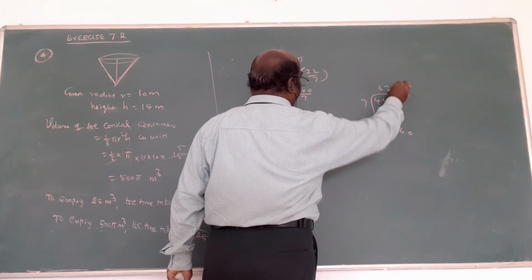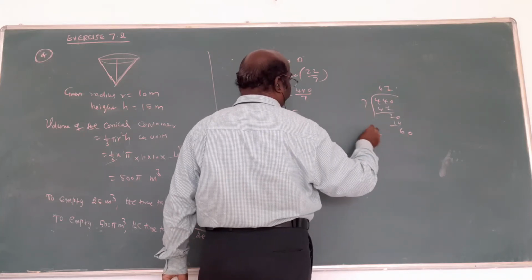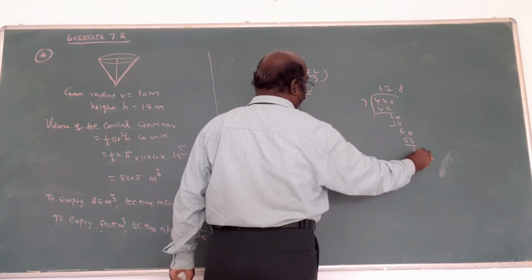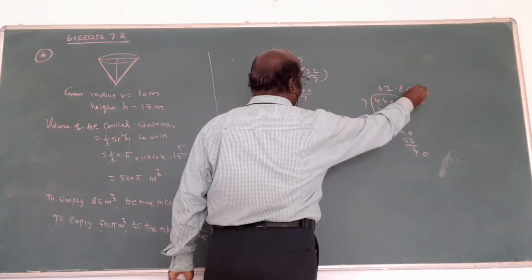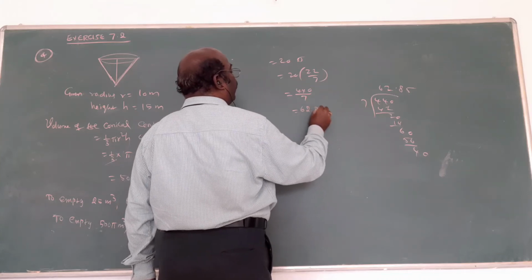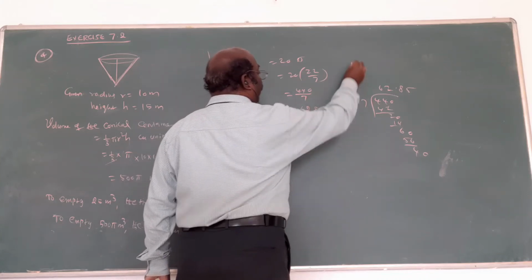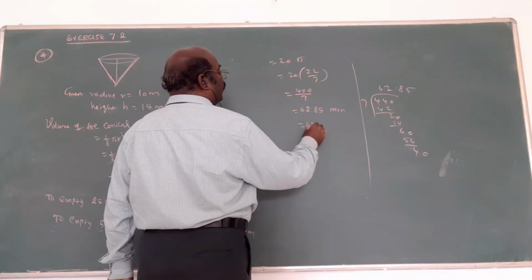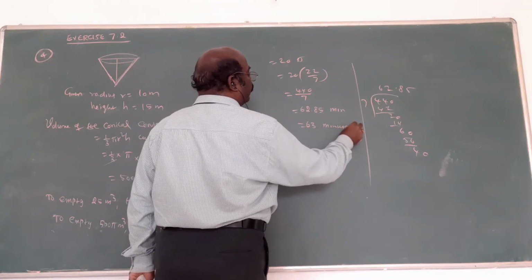Remaining 6. 0. Point. 16 is how many times? 8 times. 56. 4. 40. 5 times. 25 is how many? 62.85 minutes. That's important. So approximately round off, that means 63 minutes is the answer.